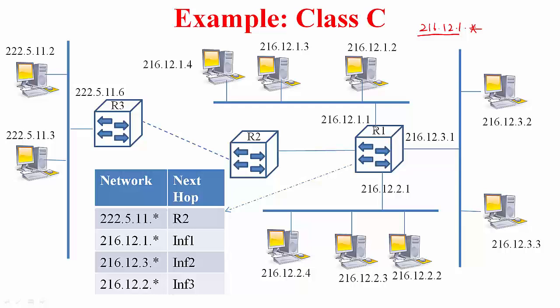Notice that the router R1 also has an IP address corresponding to this particular network. Similarly, router R1 interconnects another network. Here, the address 216.12.3 was allocated for this particular network, and this portion stays the same. Similarly for this network, it is 216.12.2, and some other network that is far away has been allocated 222.5.11. Again, for all the hosts within each, only the last byte varies.